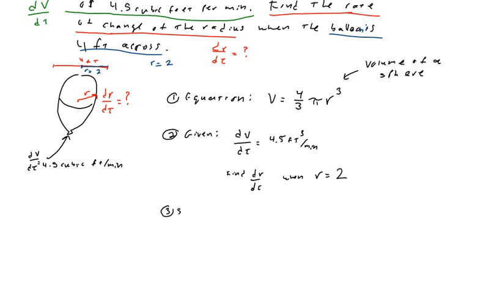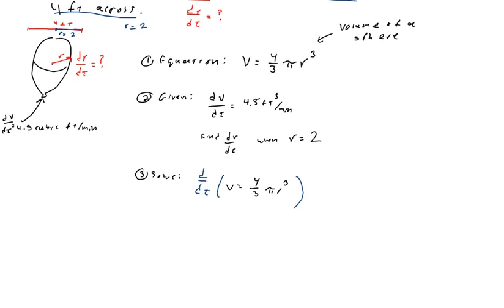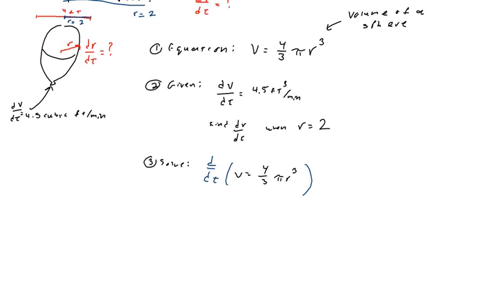So I'm going to do d dt of my volume formula, V equals 4/3 pi r cubed. Now that we have all the information from the problem, let's solve it. This is dV dt equals, got to do my derivative.